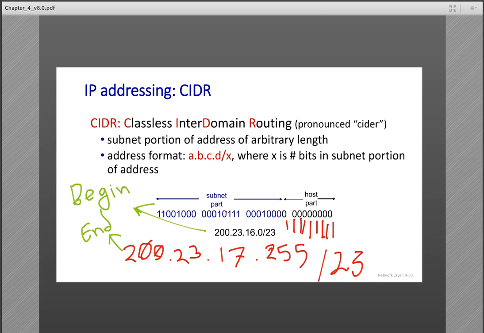Because I need 2 addresses for the beginning and end address in a network, in a subnet, and at least 2 machines, 2 computers to connect together. What is the end address? The end address is the broadcast address of a network.